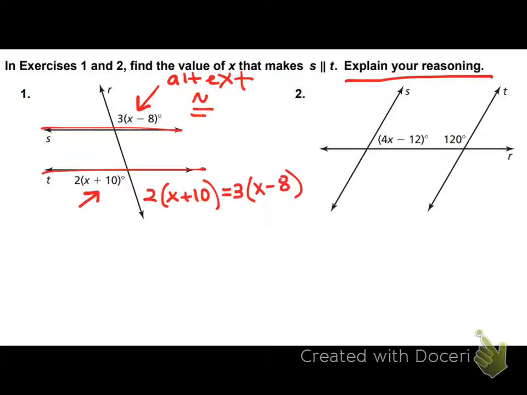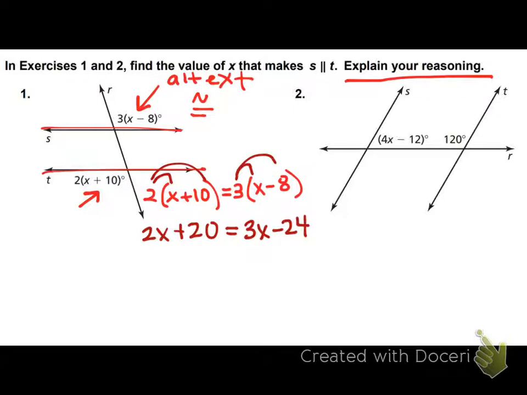I'm glad we're doing this because this class struggles at distributing. When you distribute, are you adding, subtracting, multiplying, or dividing? Multiplying to one part of the parenthesis or both? To both. So 2 times x is 2x. 2 times 10 is 20. 3 times x and 3 times negative 8. Negative 24.